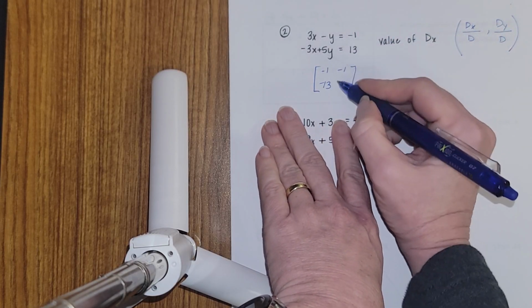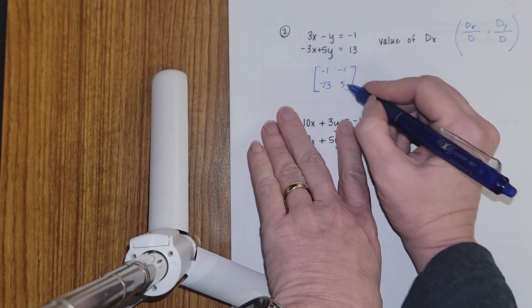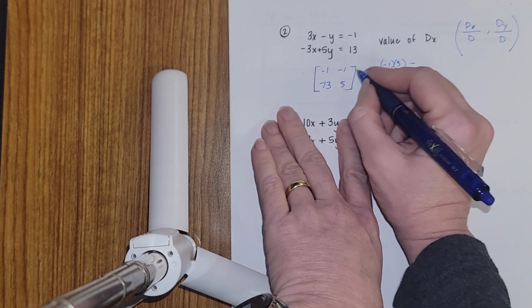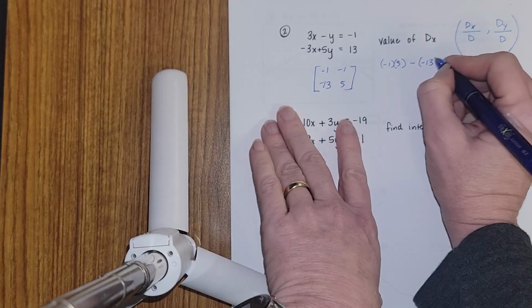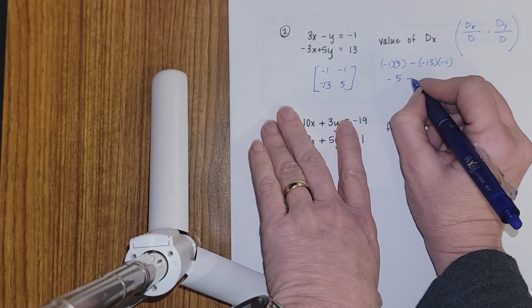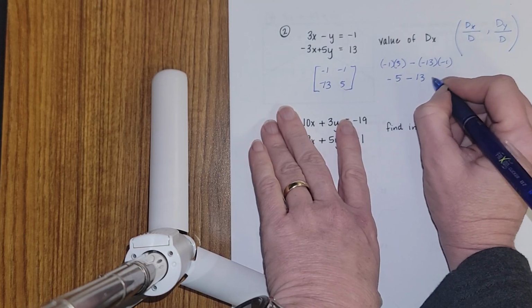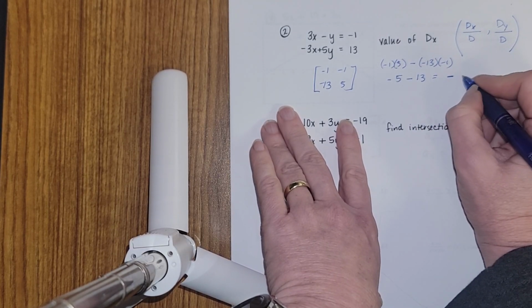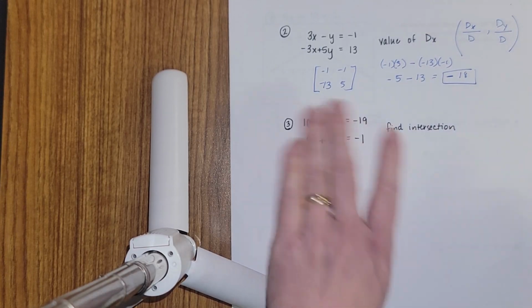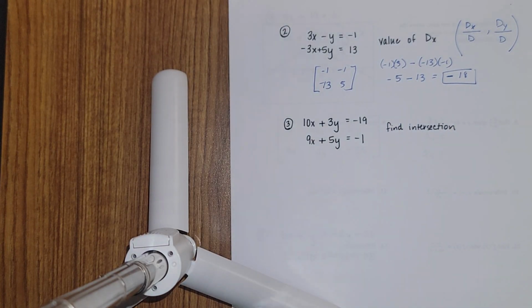And now I need to find the determinant of that. So remember, determinant is multiply, so -1 times 5, minus multiply, -13 times -1. So that's -5 minus 13, so -18 is my dx. So that's using Cramer's rule.